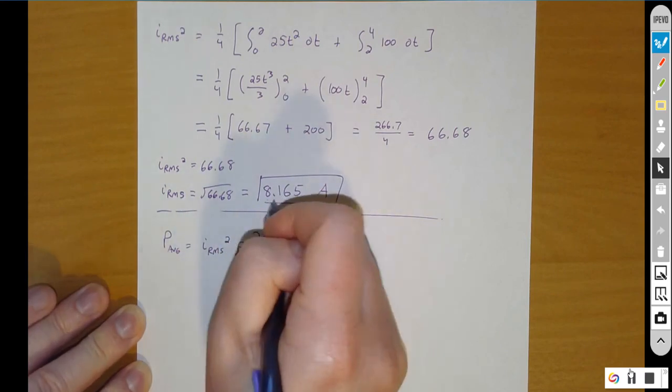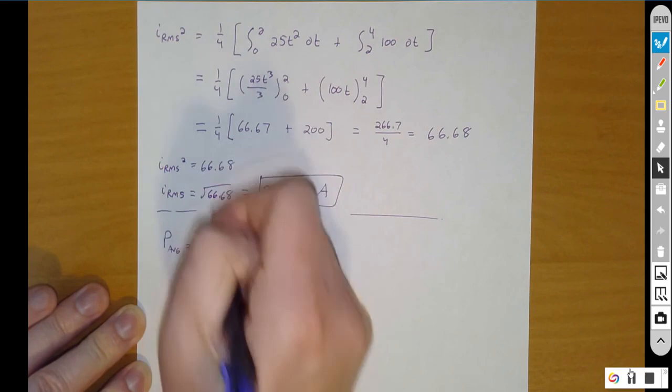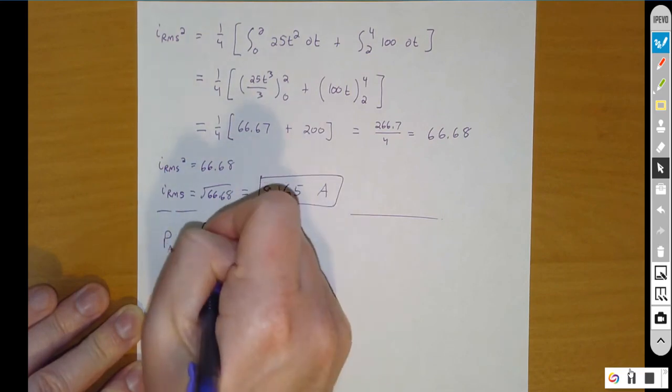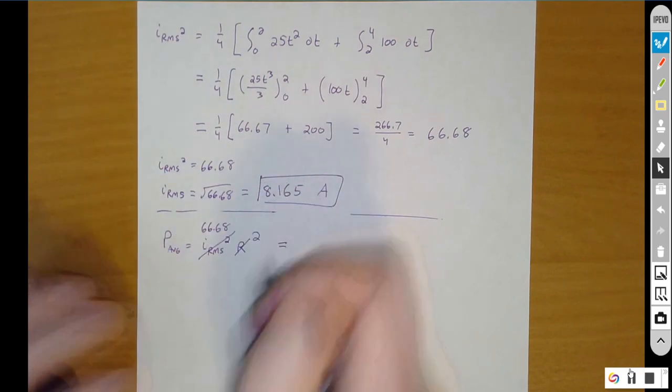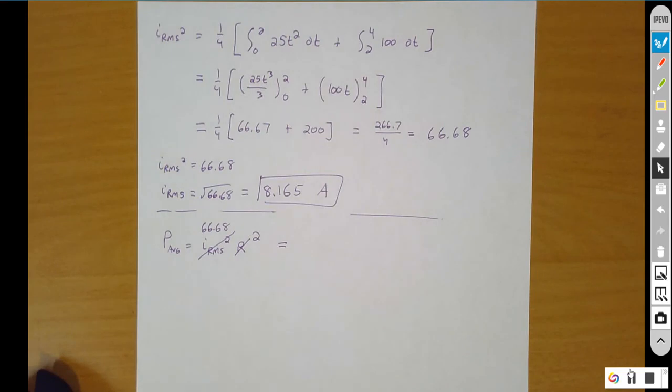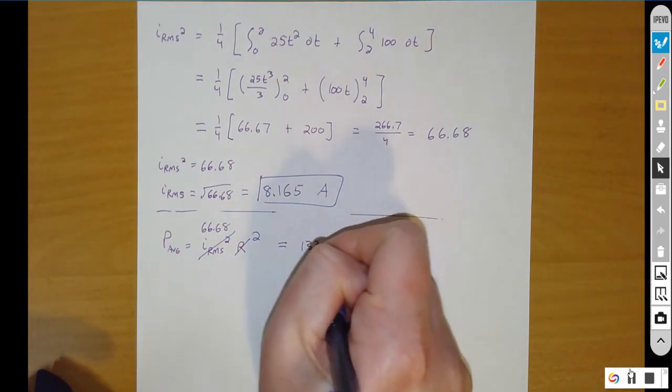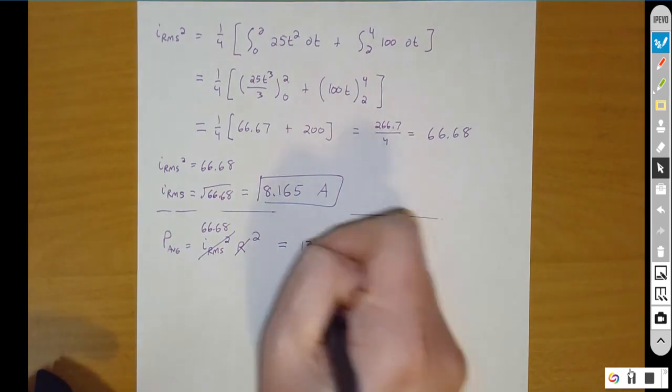I_RMS squared, so you could say 8.165 squared, or you can just use the 66.68, which we already have. And that will come out to be 133.4 watts of power.